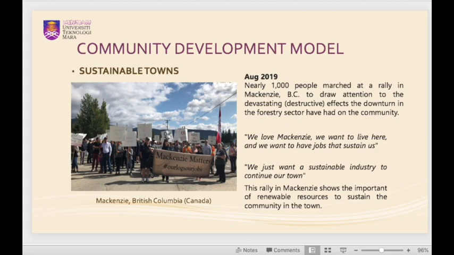Okay. See what they say about Mackenzie. We love Mackenzie, we want to live here and we want to have jobs that sustain us. We just want a sustainable industry to continue our town. This rally in Mackenzie shows the importance of renewable resources to sustain the community in the town.